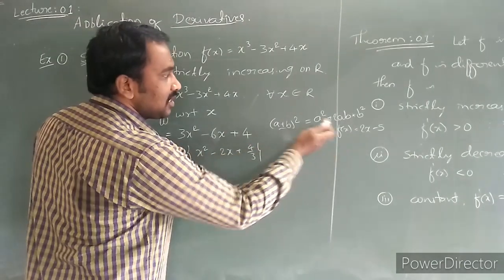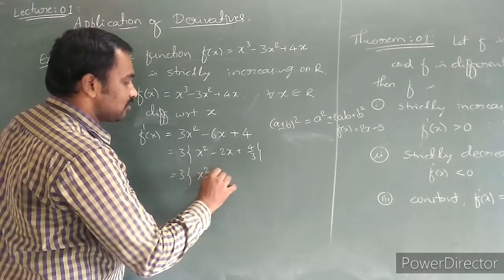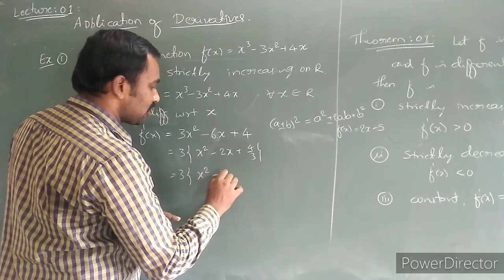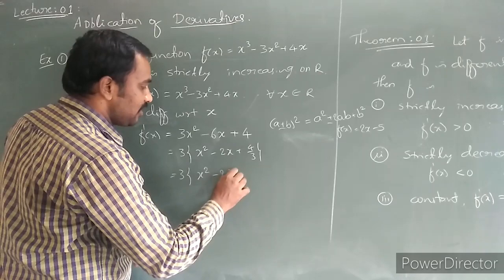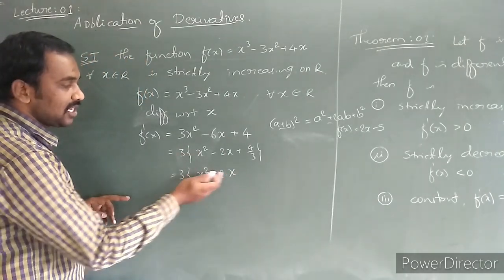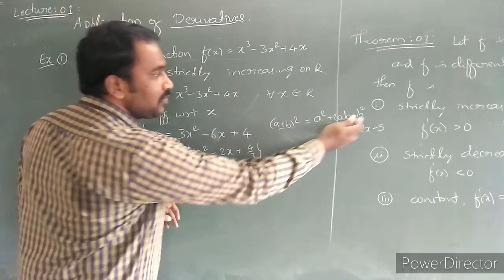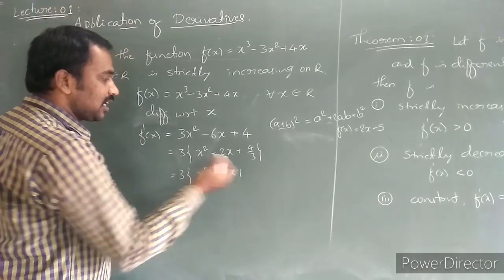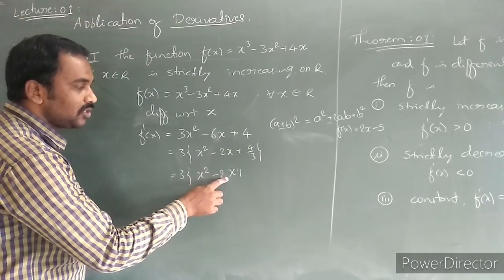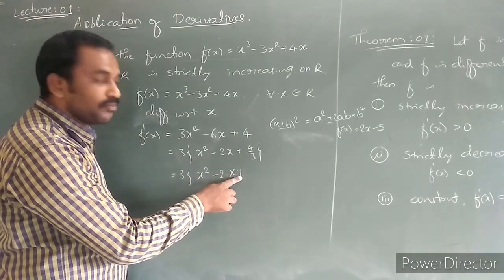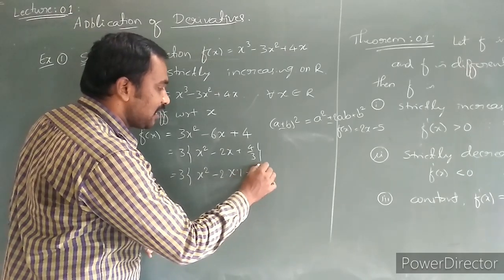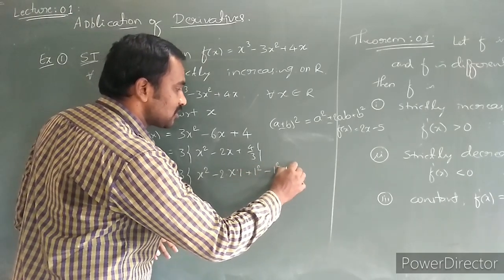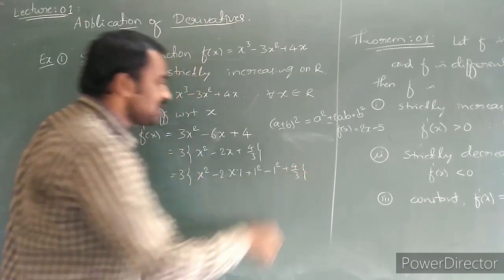Now a square is x square, so a value is x. I need the b value. Can I write 2x as 2 into x into 1? Here the b value is 1, so add 1 square and subtract 1 square, plus 4 by 3 as it is.